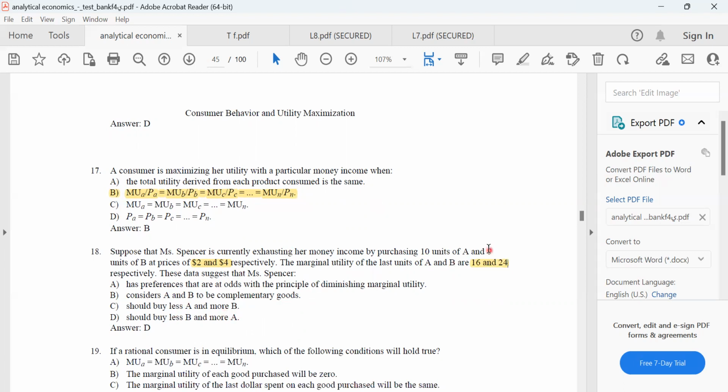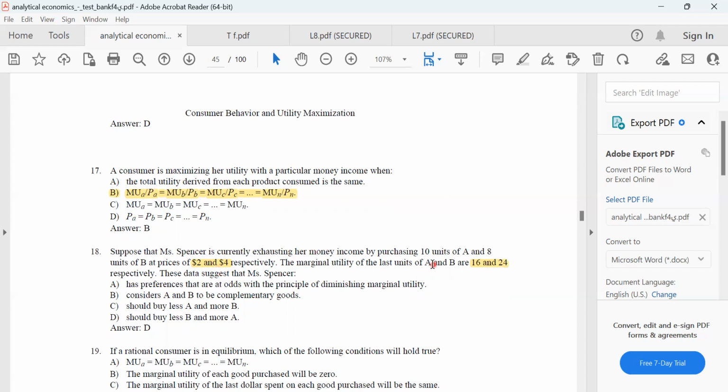We will speak about maximizing utility. We should divide the marginal utility of each unit of A and B over the price of A and B. So 16 divided by 2 is 8, 24 divided by 4 is 6.